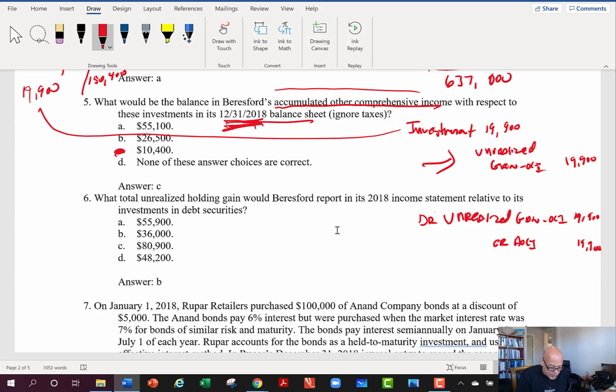On this next one, what total unrealized gain should Bedford report in 2018 relative to its investment in debt securities? What unrealized holding gain should Bedford report in its income statement? Income statement 2018. That means we're looking at trading securities here.